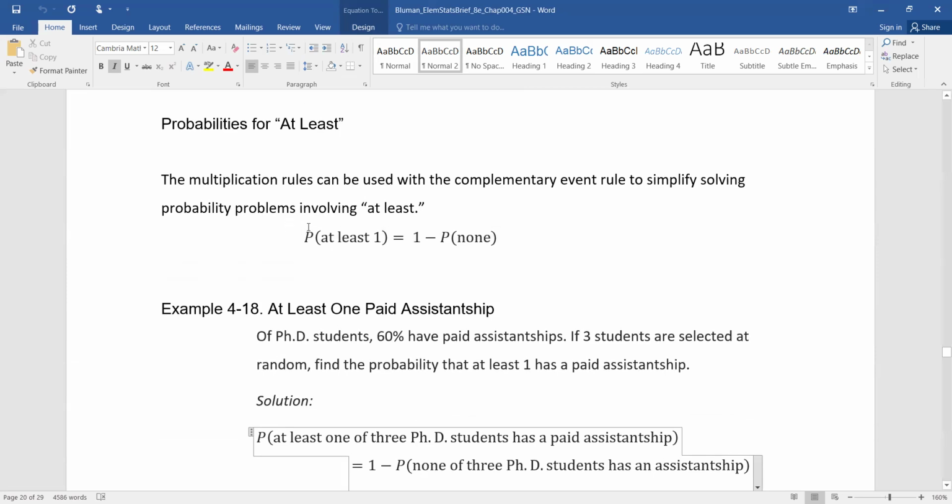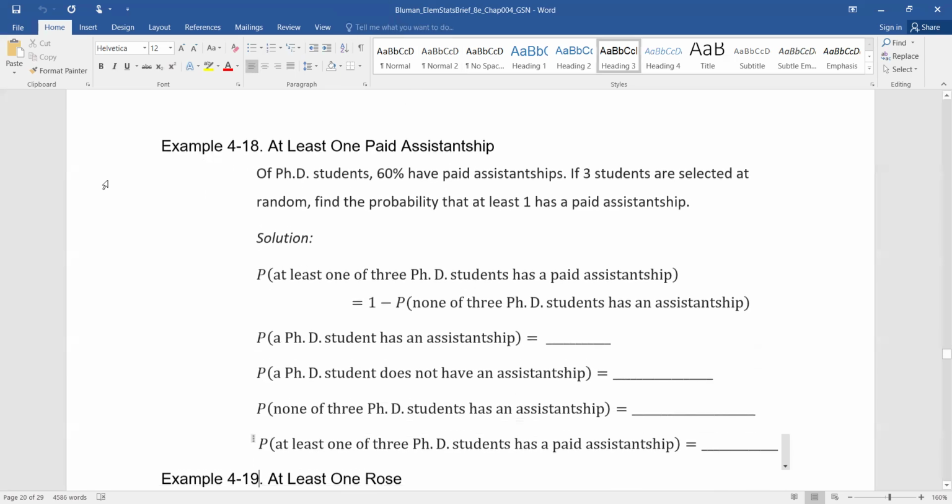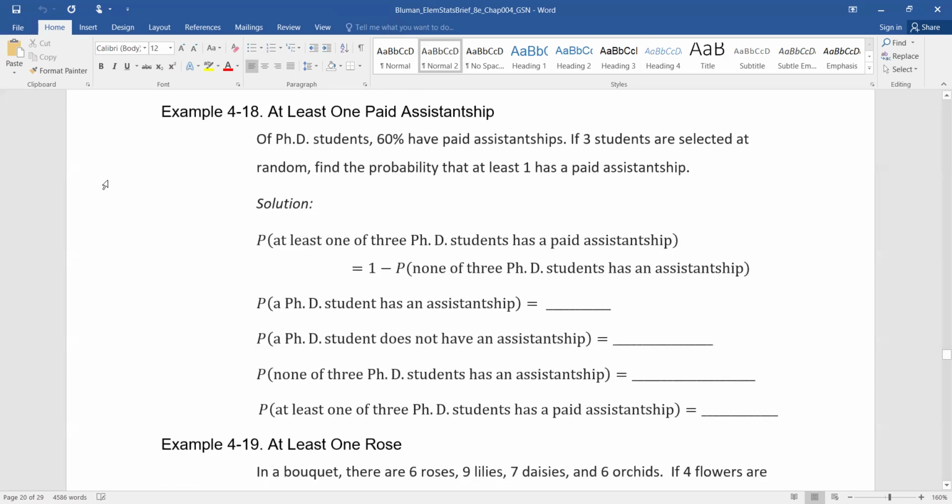So if I want the probability of at least one happening, I can do 1 minus the probability of none of them happening. That's just one type of example that we can use to help simplify some of our math. So let's look at example 18. It says at least one paid assistantship. Of PhD students, 60% have paid assistantships.